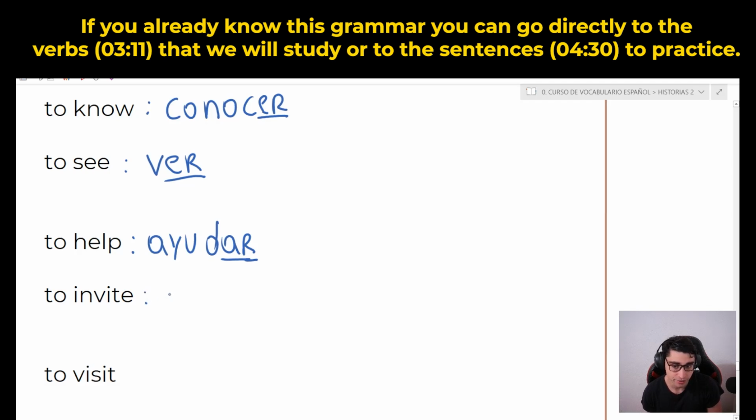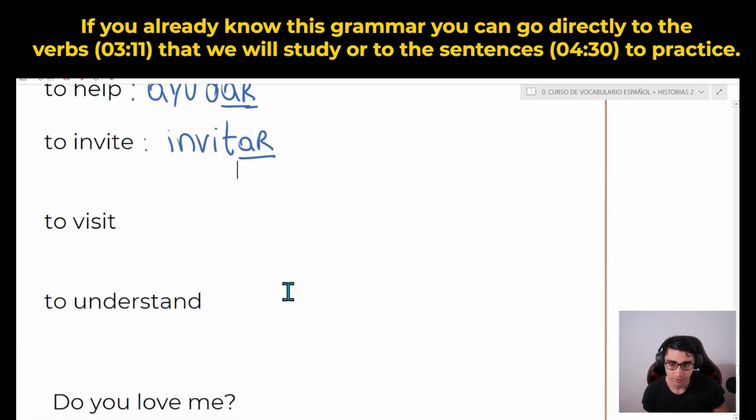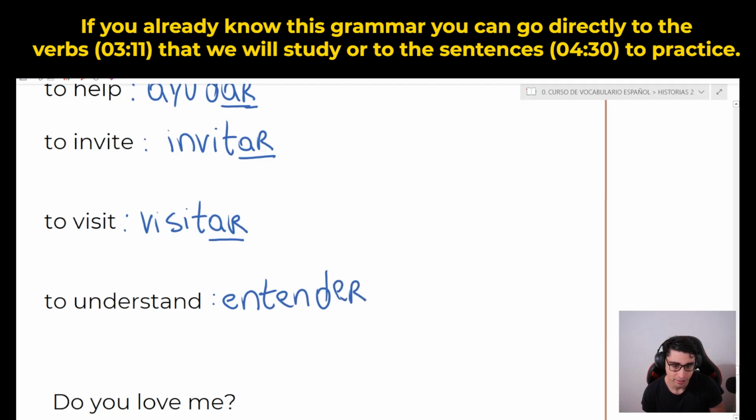To invite is going to be invitar. Es un verbo -ar. And to visit is going to be visitar. Okay, un verbo -ar. Y to understand is going to be entender. Es un verbo -er también.